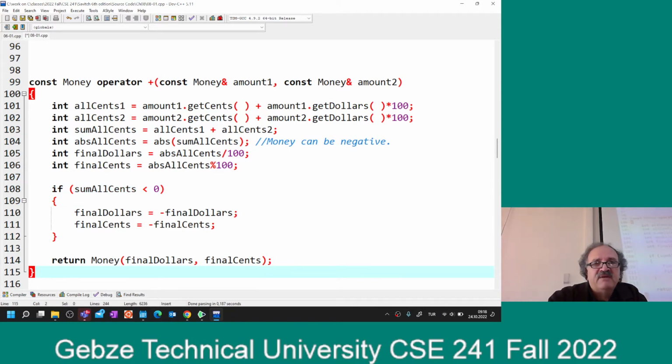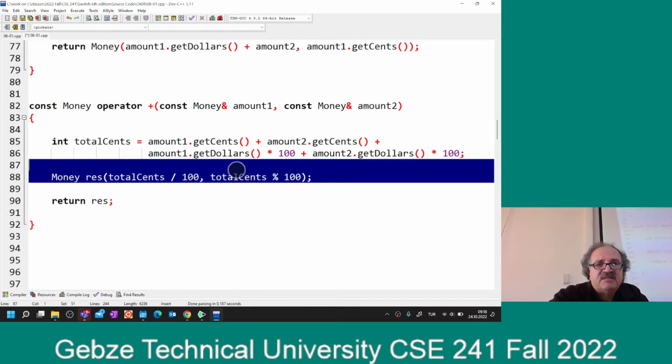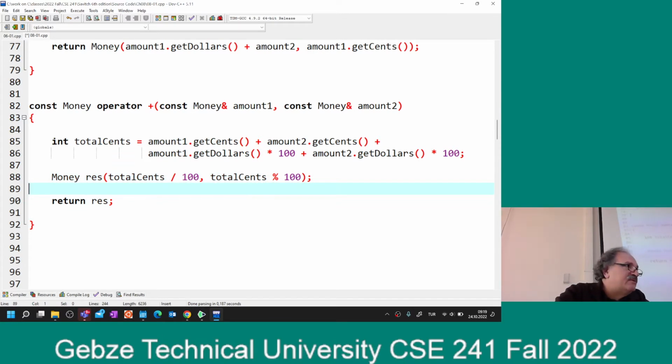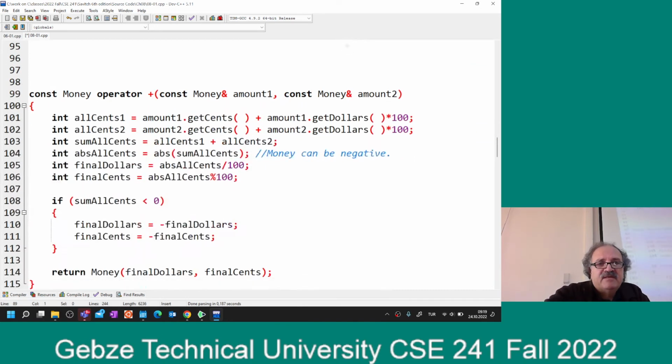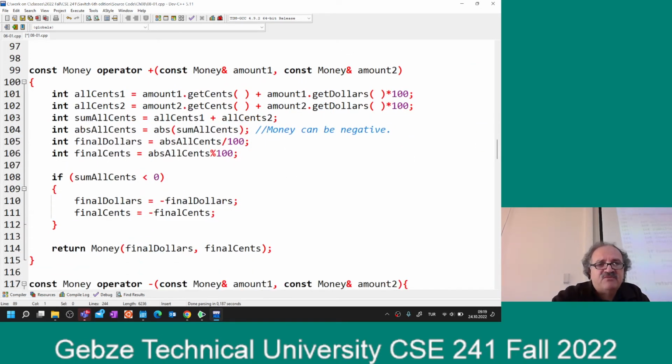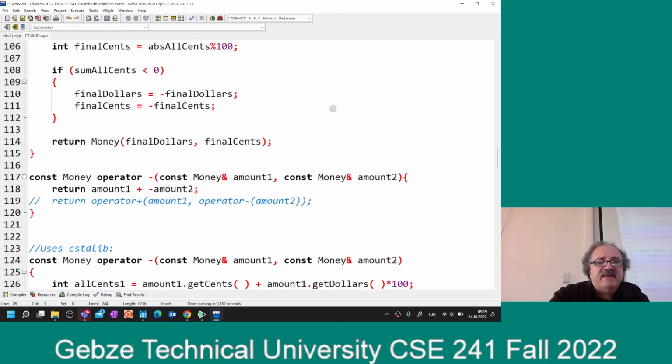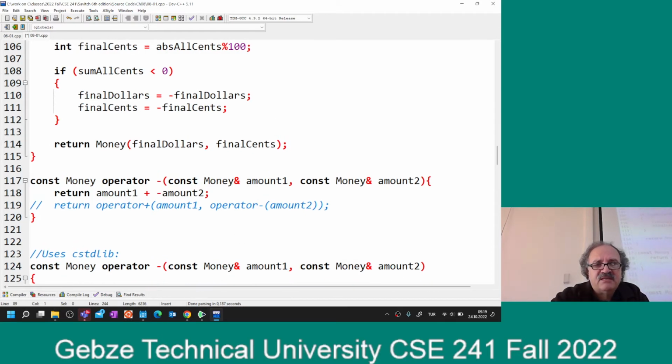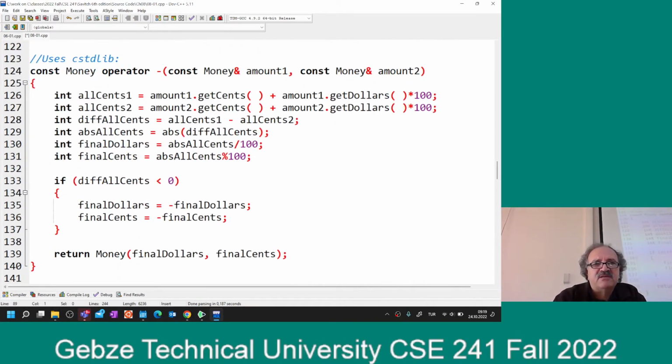Money can be negative. The first version doesn't handle it very well because if you take the modulo of a negative number, this is not what you expect. I think this is the better implementation from the book. I am going to do exactly the same thing with the minus operator. Let's look at this minus operator.